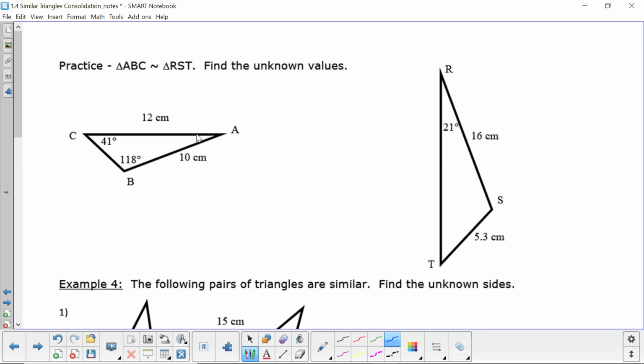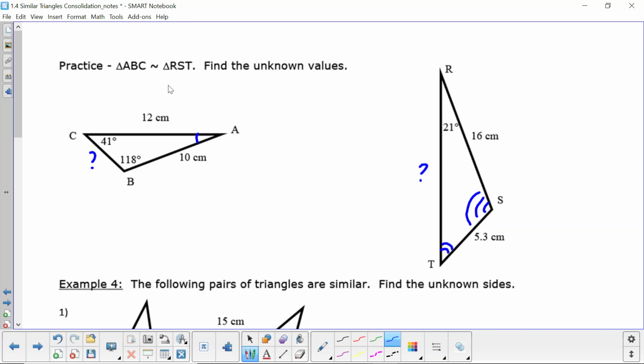For example, this angle is not given, you need to find it. And this angle is not given, and also this angle. And for these two sides given, this one is not given, so you need to find it. Try to do this one by yourself, you have 5 minutes, then we are going to take it up.